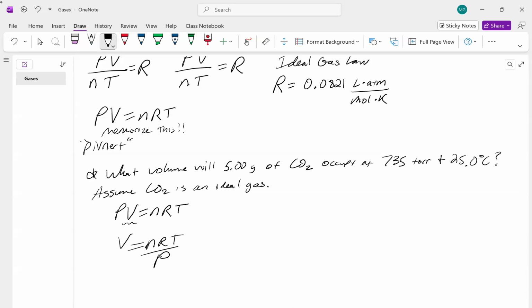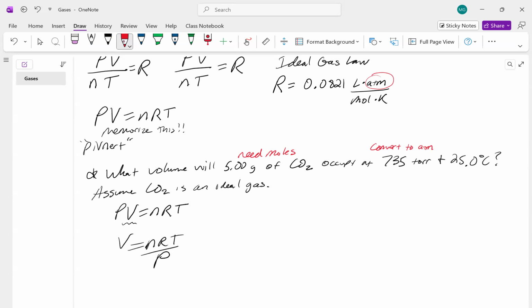Now, if I just took the numbers as is and threw them in the equation, my answer would be very, very wrong. Because I have the amount of gas, but it's in grams. The ideal gas law says it needs to be in moles. I have a pressure, but notice R is in units of atmospheres, so I'm going to convert my pressure to atmospheres.